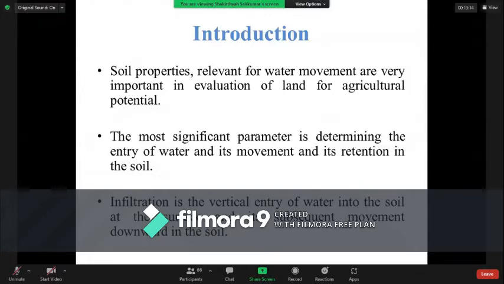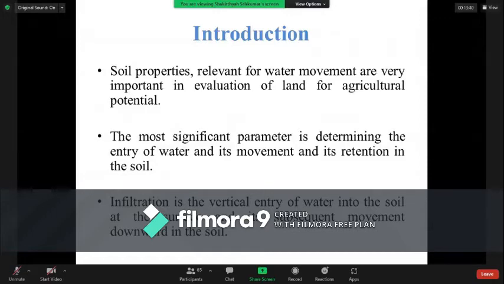So is that good for the plants? No, right? Plants need more water for their growth and other activities. So if a soil has low infiltration capacity, we need to irrigate frequently.